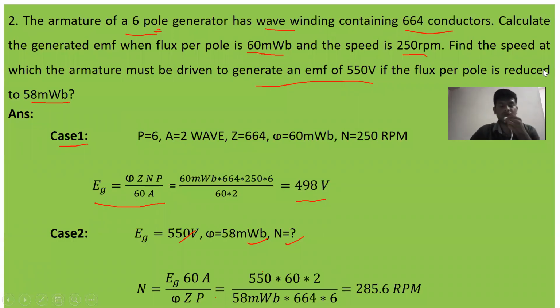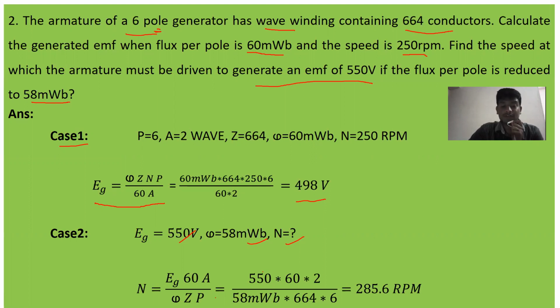So in this problem, what do we observe? We observe that the speed increases if the flux is reduced by a very small factor. Initially it is 60 milliwebers, and secondly the flux is reduced to 58 milliwebers.